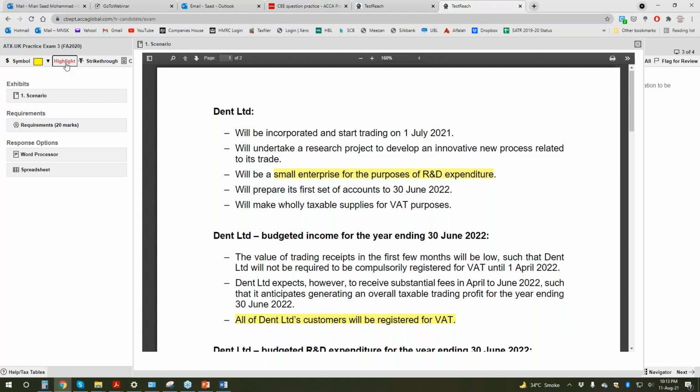So for them it does not make any difference. However, if your customers are end consumers and they are not VAT registered, it makes a lot of difference. Why? Because they will not be able to reclaim this VAT. For them it is very important that you don't charge them the VAT. Why? Because for them it will suddenly increase their cost by 20%. So let us consider that the government in the UK is currently imposing a 20% value added tax on laptops.